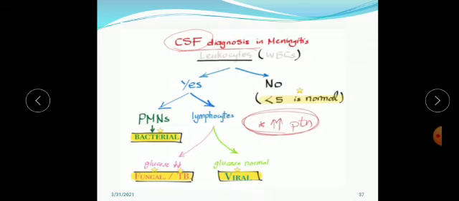If polymorphonuclear cells are predominantly increased, bacterial meningitis should be suspected. And whenever the predominantly increased cellular component is lymphocyte, then again we have to look at another biochemical parameter, that is glucose estimation.